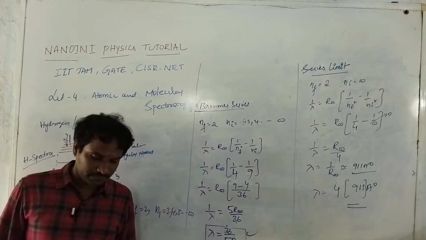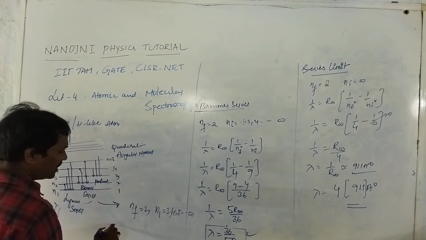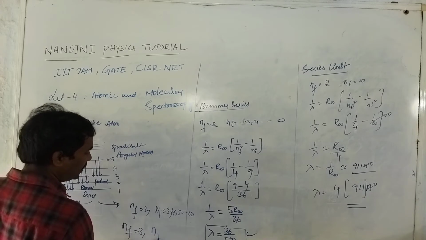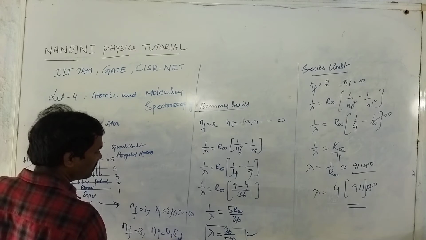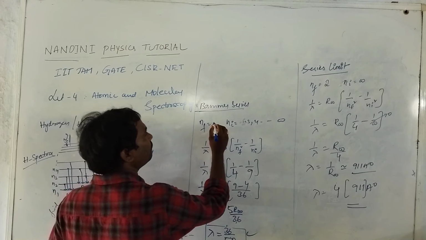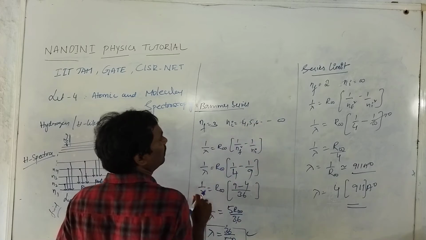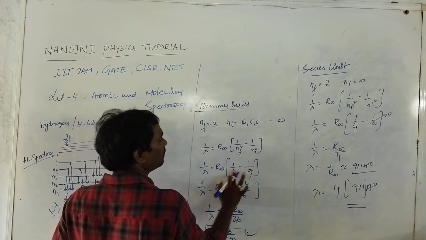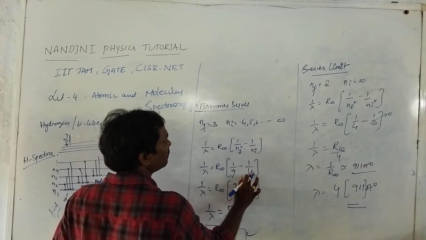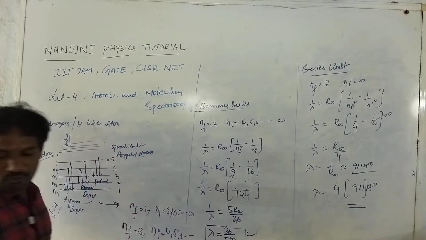Understand everybody? Right. So similarly you will find out Paschen also. Paschen series starts from nf equal to 3 and the initial state starts from 4, 5, 6 and so on. So the initial state squared is 16 and the final state squared is 9, so the common denominator is 144, because 9 sixteens are 144.